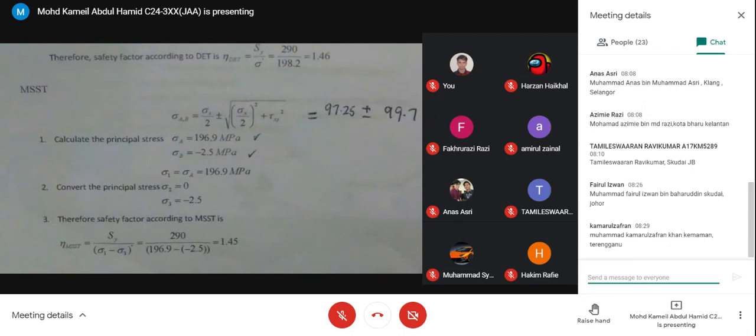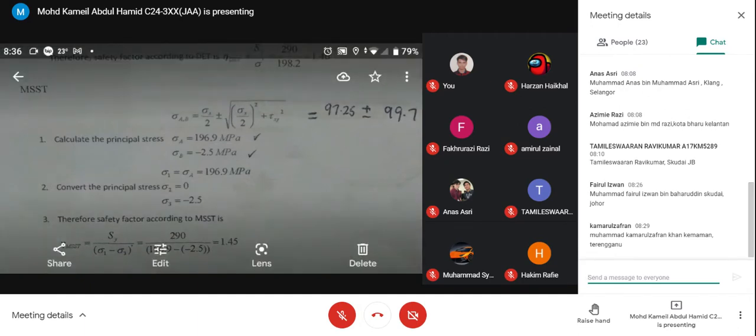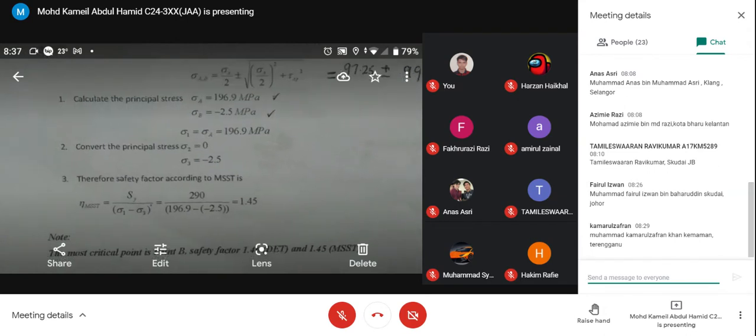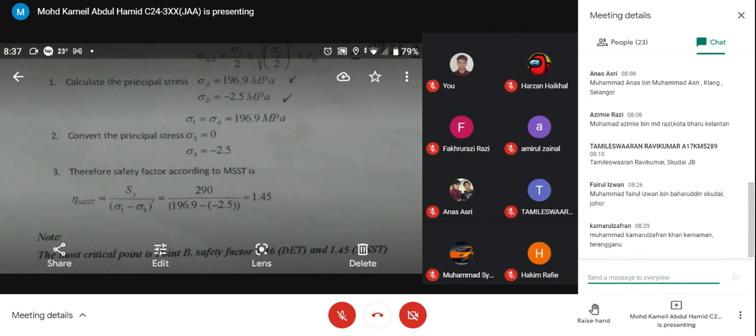This is related to Mohr's circle, the principal stresses. One of the principal stresses is 0. Safety factor for MSST: the formula is SY divided by sigma 1 minus sigma 3. You get 1.45 safety factor.